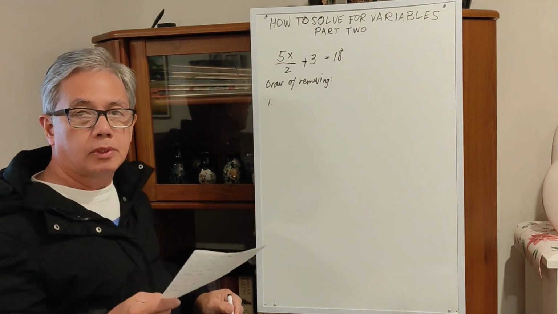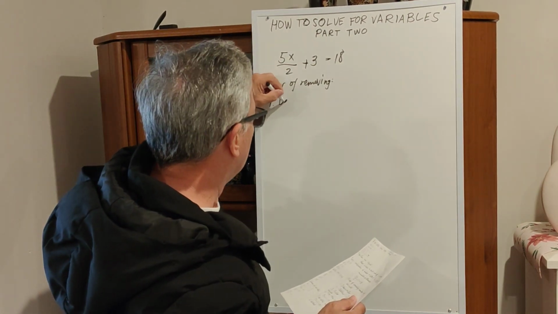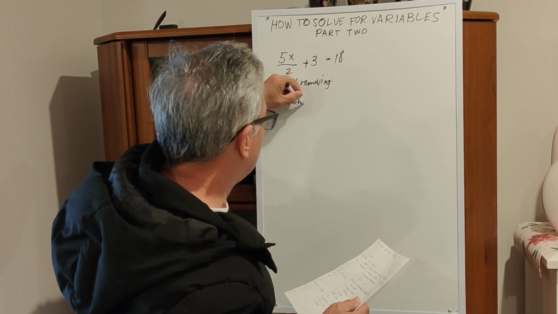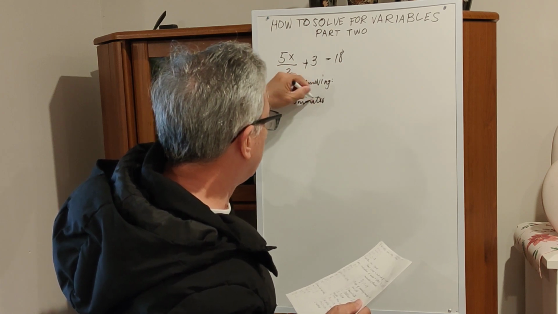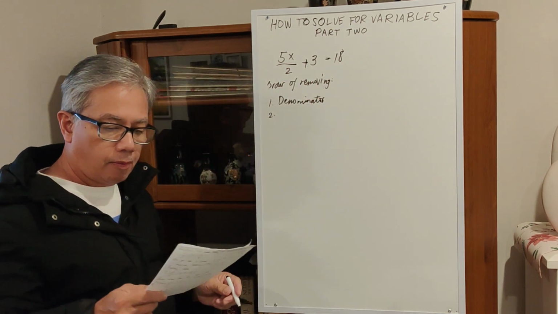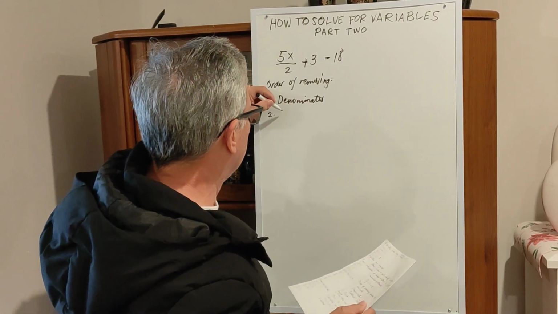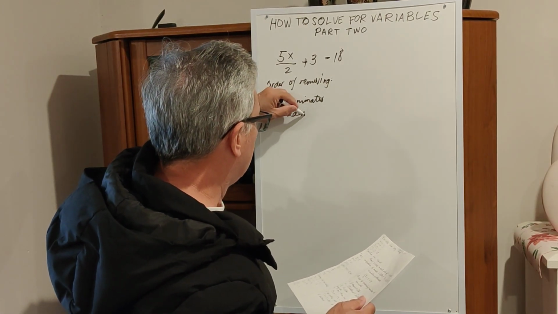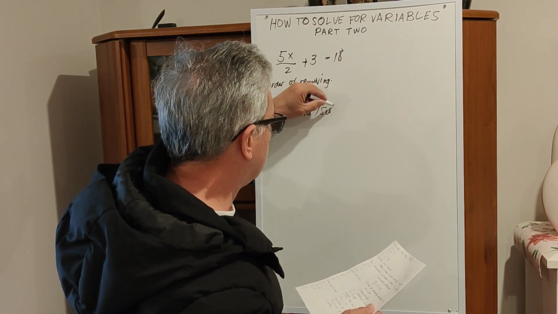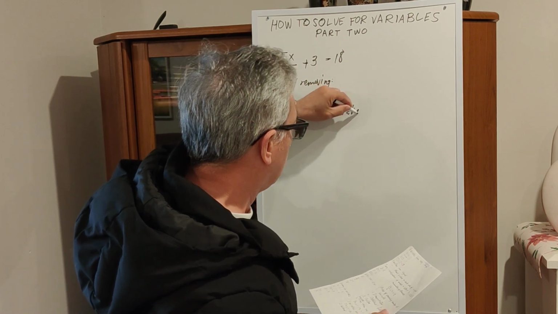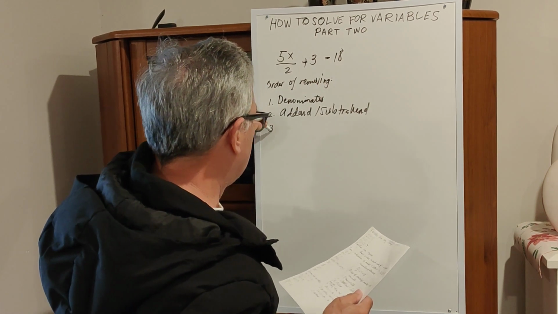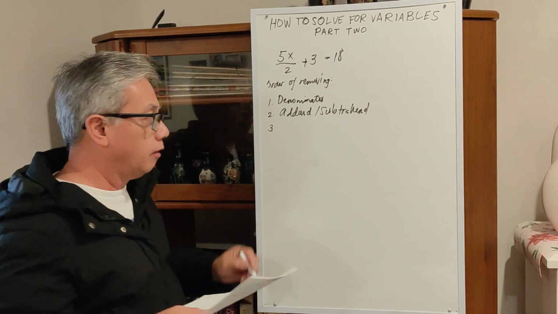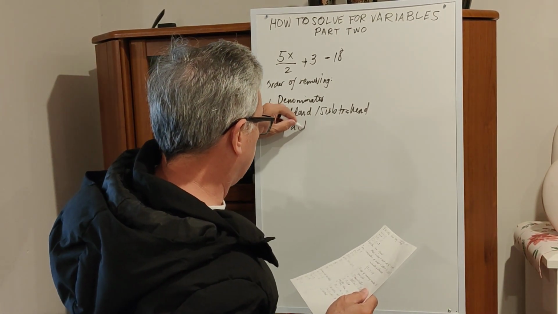First, you have to remove the denominator. Next, you have to remove the addend or subtrahend, the plus and the minus. And then third, you have to remove the factor.